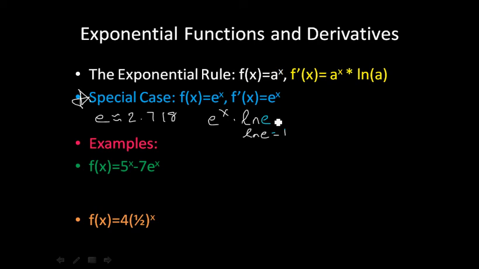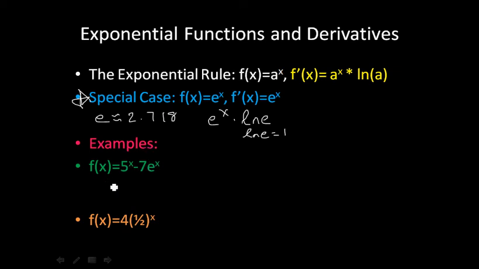So now let's get to some examples here. We'll be using this new property along with some old ones, specifically polynomials, things that have more than one term, and constants. So for example 1, 5 to the x minus 7e to the x. This one is a polynomial, there are multiple terms in it.